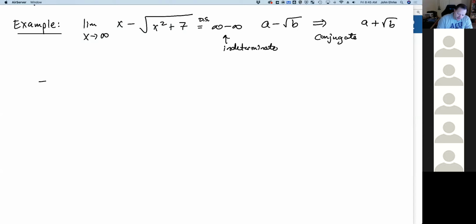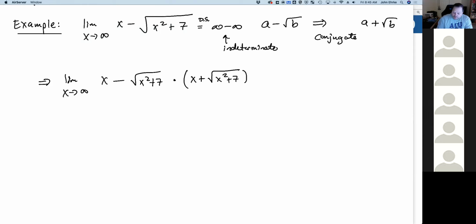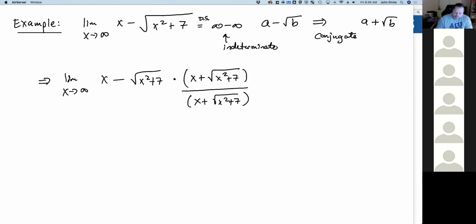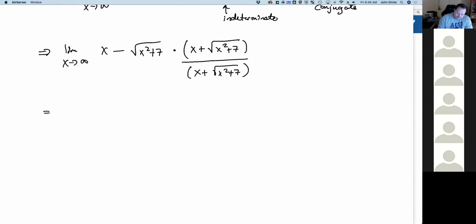So I want to instead apply the conjugate. I'm going to multiply the top and bottom by x plus that square root. And so remember how this works.